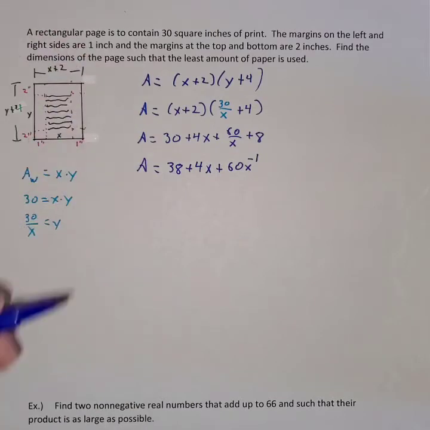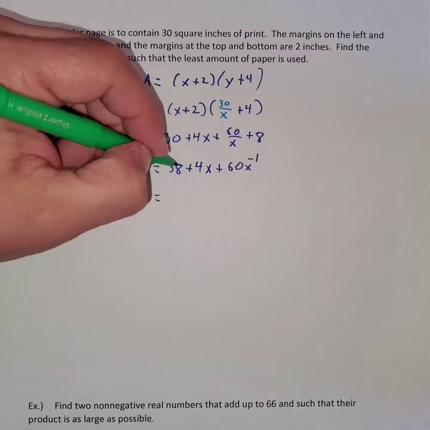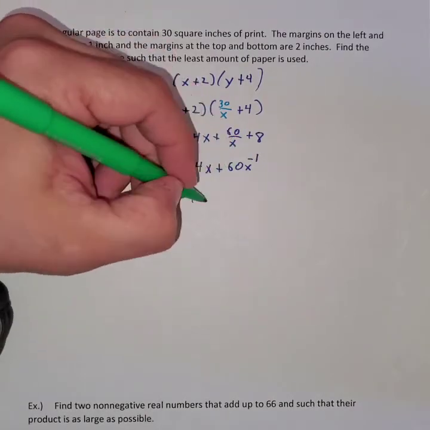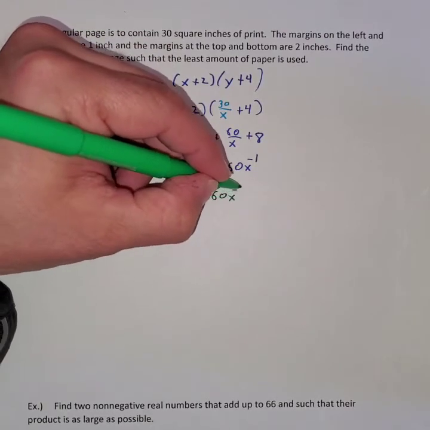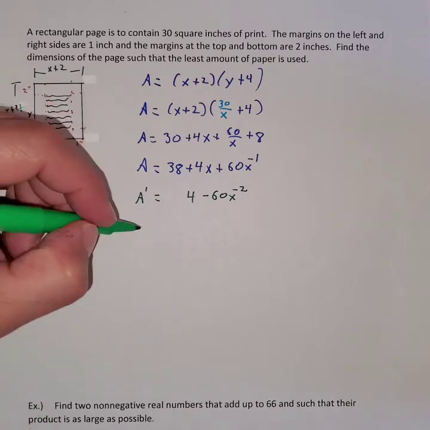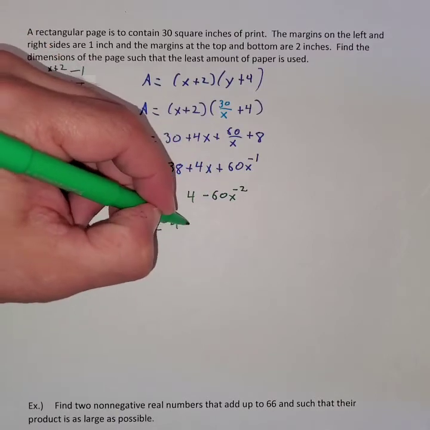That's our area. I'm now ready to take my derivative, which I'm going to call A prime. The derivative of 38 is 0, the derivative of 4X is 4, and drop the 1 by power rule: 4 minus 60 X to the negative 2. I'm going to set that equal to 0 and rewrite that without the negative exponent.